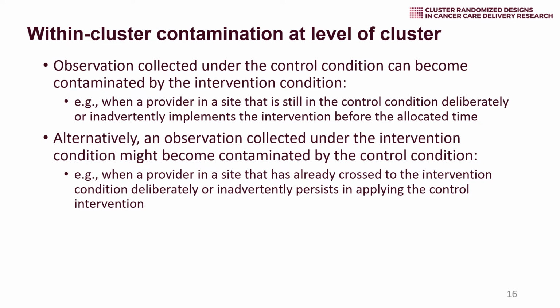This would then represent a type of contamination or crossover effect at the level of the cluster. It can also happen the opposite way around. For example, the provider is in a site that should have already crossed to the intervention condition, but that provider, for some reason, persists in applying the control condition.